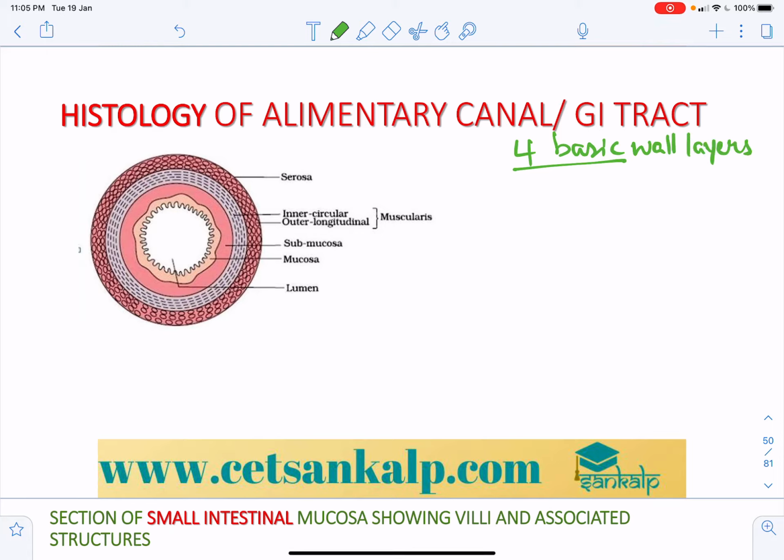So what are those? The outermost layer is called serosa.